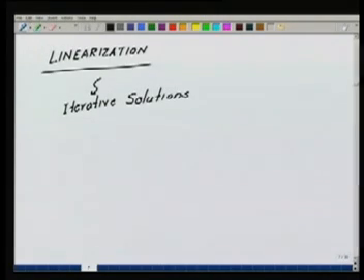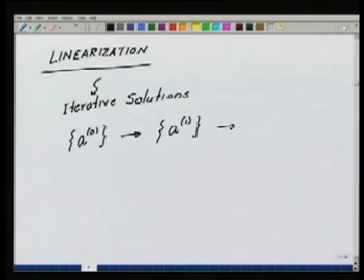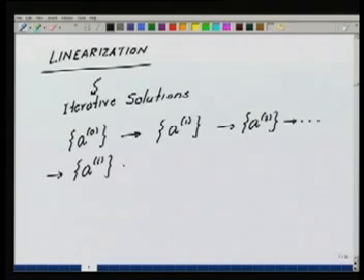Okay, the idea is I start with a guess value of the vector A, just like we had done in the time integration, go to the next value A1, go to the next value A2, and so on to Ai, till convergence.